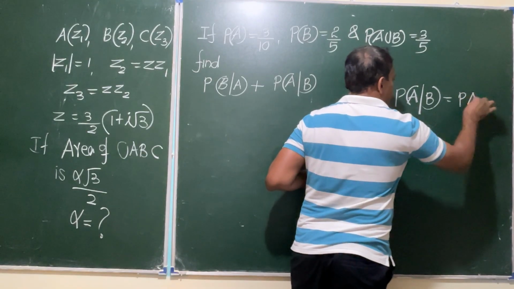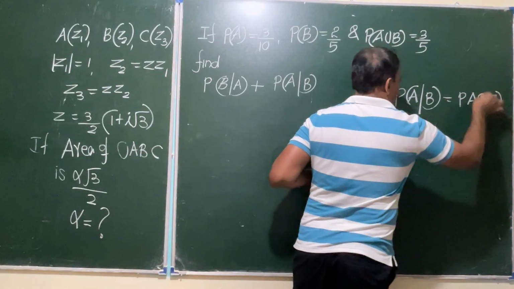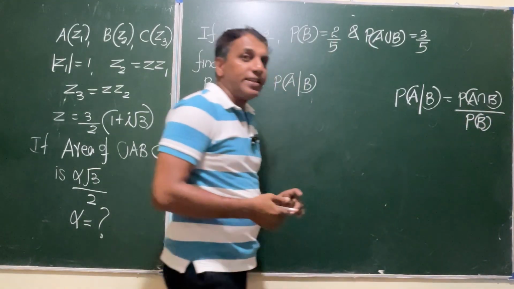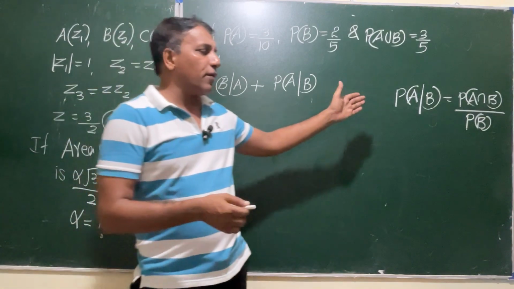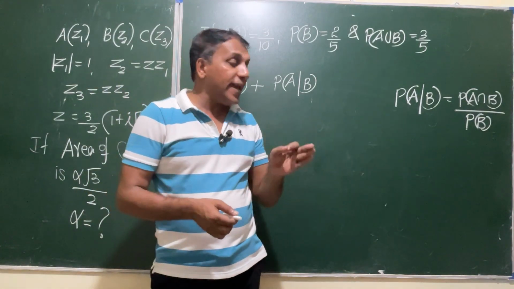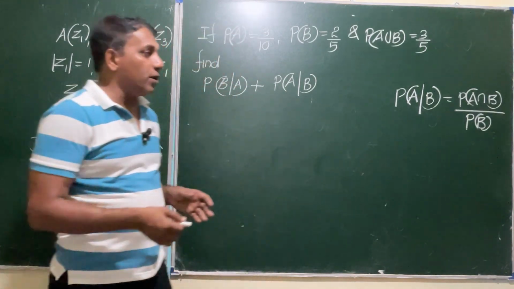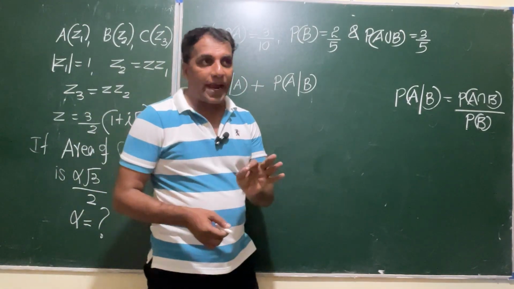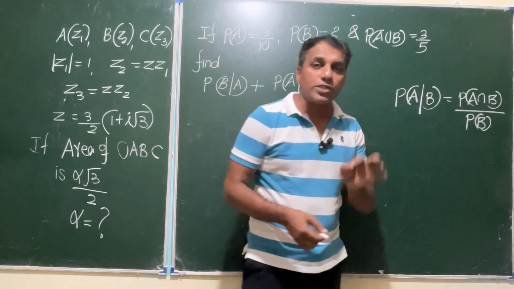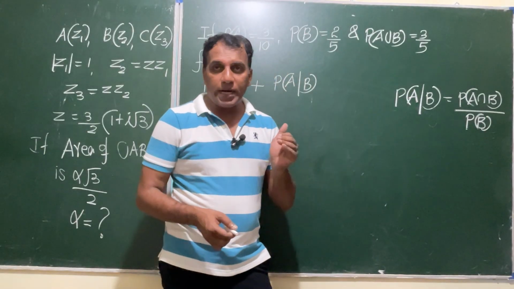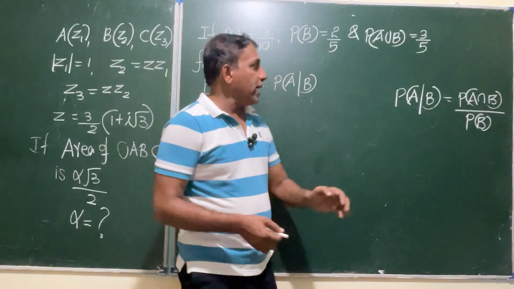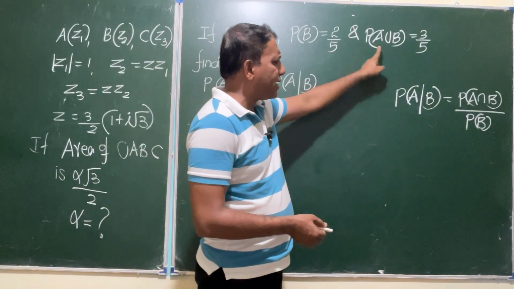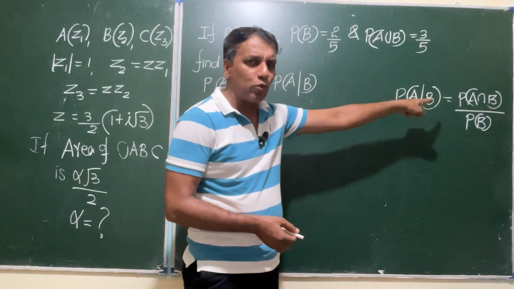So this is the formula type: the probability of A intersect B over P(B). If they ask you to define the conditional probability, you can write that formula. Probability of A given B equals the probability of A intersect B over the probability of B, where P(B) is not equal to 0, since a fraction's denominator is never 0. We are given P(A), P(B) and P(A union B), so you need to work out A intersect B too.